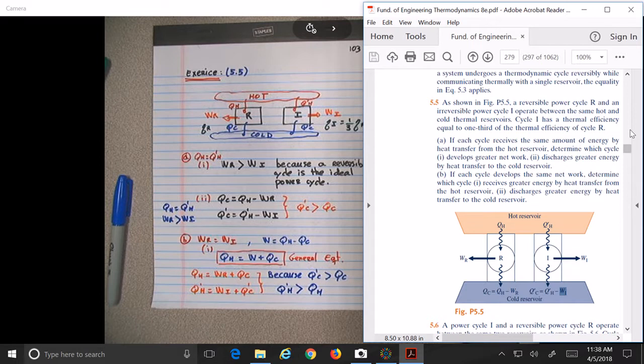Let's answer the second question then. Maybe we made an assumption there that is not correct.